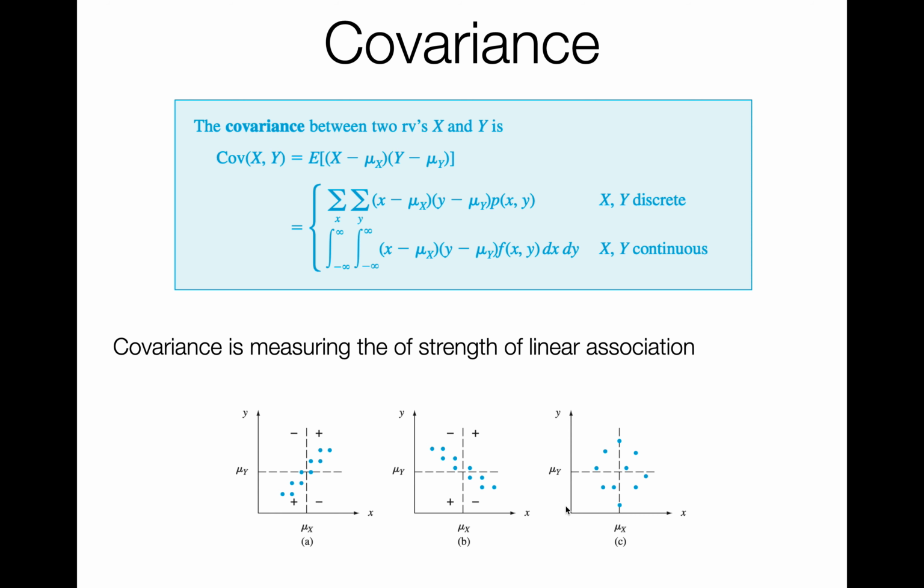Graph A there shows a positive relationship. As x increases, y is going to increase as well, and we see that from the relationship and possible outcomes. If the number is negative, that means as x increases, y is going to decrease.